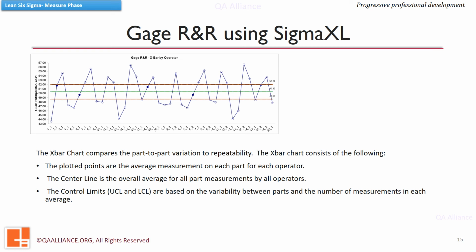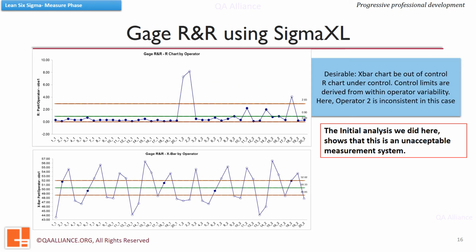And since the parts chosen for a gauge R&R study should represent the entire range of possible parts, this graph should ideally show a lack of control. As we can see here, many points are above the upper control limit and below the lower control limit. We can say that there is no control here. We can conclude with the help of the analysis that this is an unacceptable measurement system.